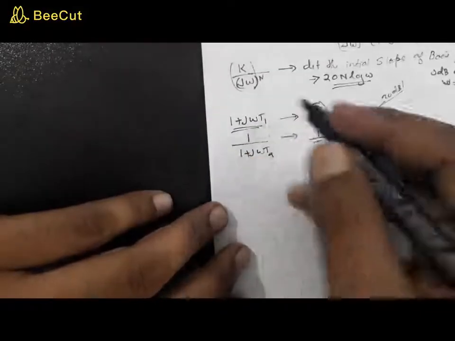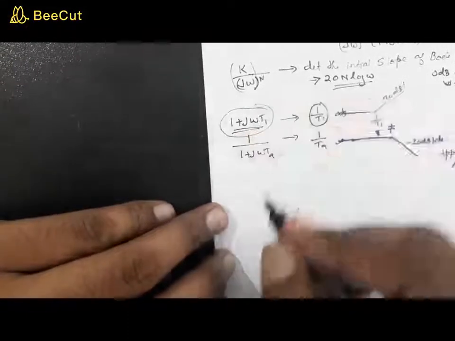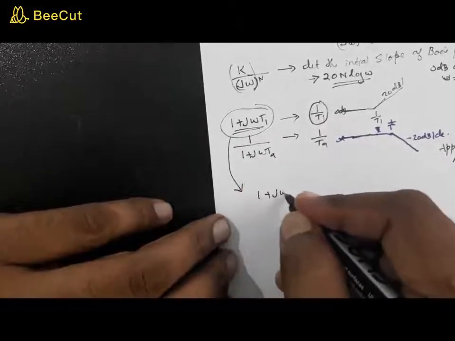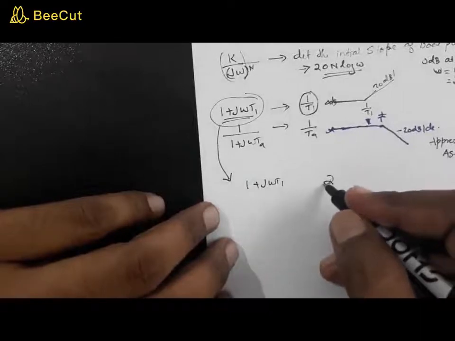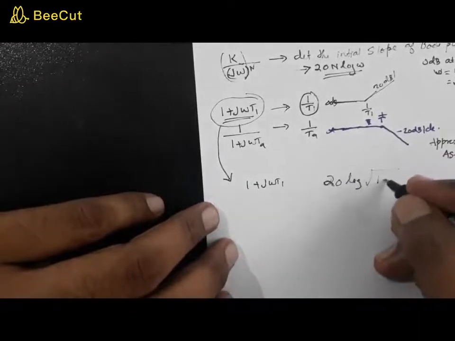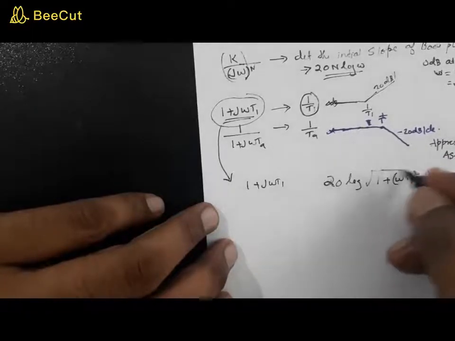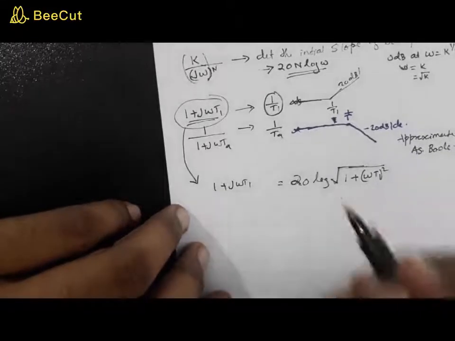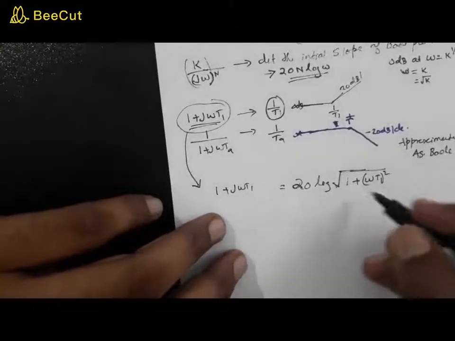Now let us start with this term. How will you find out the magnitude of this? Say, consider this first order term 1 plus j omega T1. Now the magnitude is 20 log root of (1 plus (omega T1) the whole square).